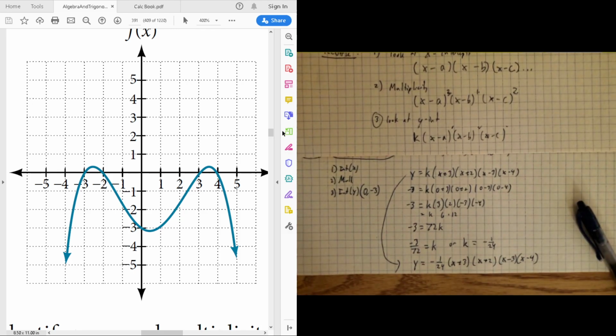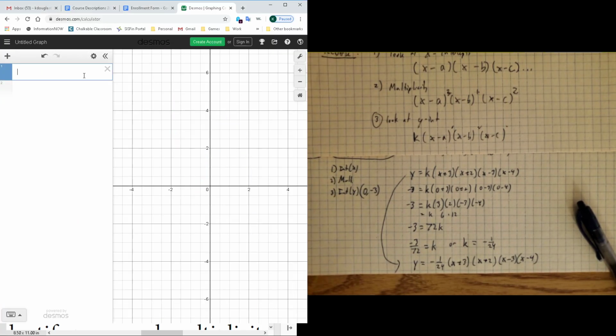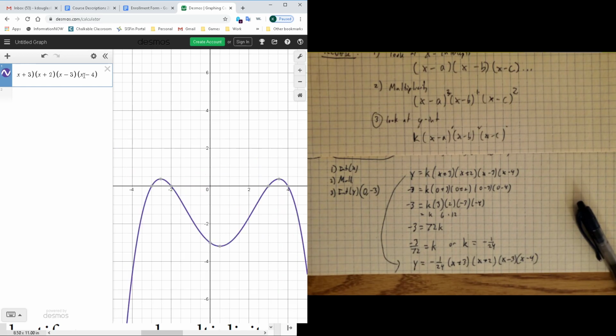And just like before, I'm going to attempt to graph this thing. Okay, negative 1 over 24 times x plus 3 times x plus 2, times x minus 3 times x minus 4.